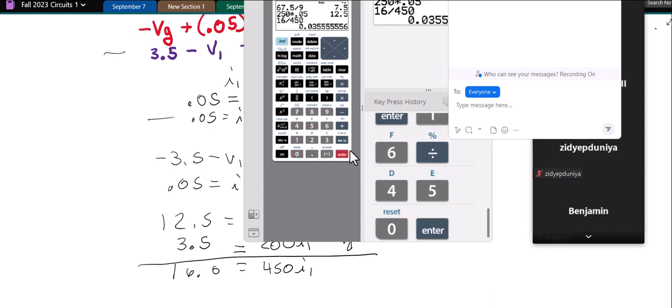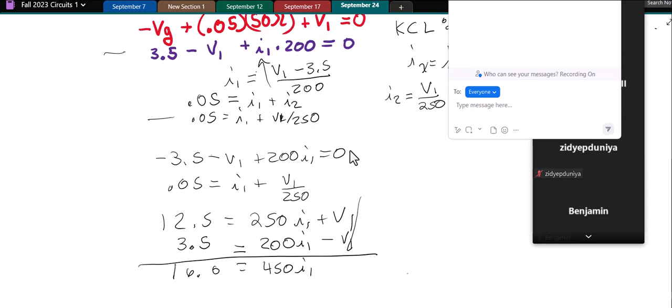And I made a mistake somewhere. Did anyone see where I made a mistake? Okay, let's see. I1 equals V1 minus 3.5 over 200, that looks good. 0.05 equals I1 plus I2, that looks good.